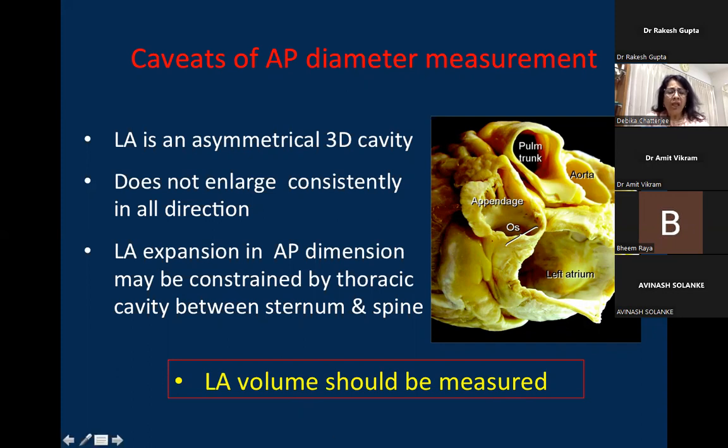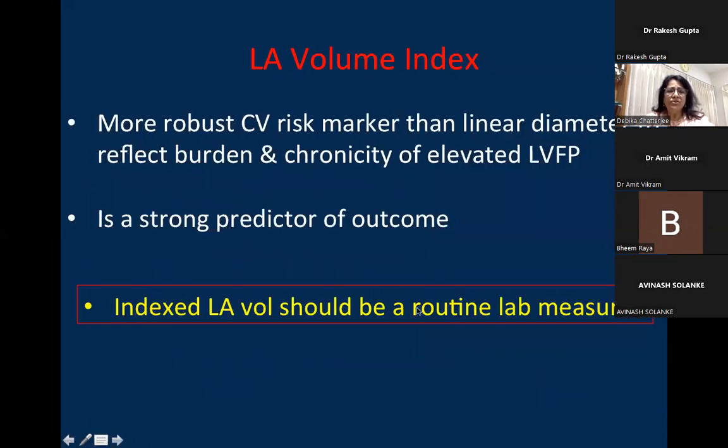Moreover, the medical literature has shown that LA volume index is a more robust cardiovascular risk marker than the linear diameter to reflect the burden and chronicity of elevated LV filling pressure. And it is a strong predictor of outcome in diastolic heart failure. So it is the indexed LA volume which should be a routine lab measure in your echo lab.